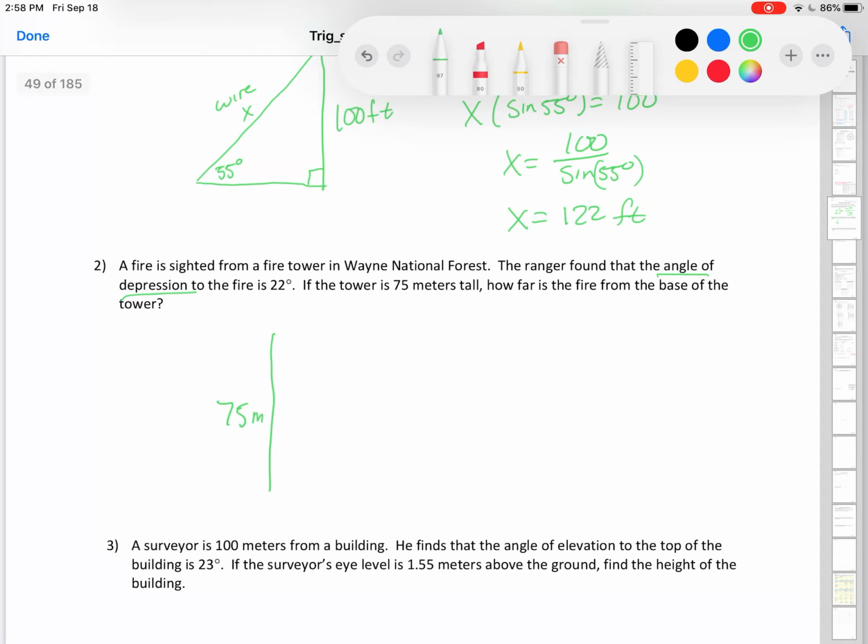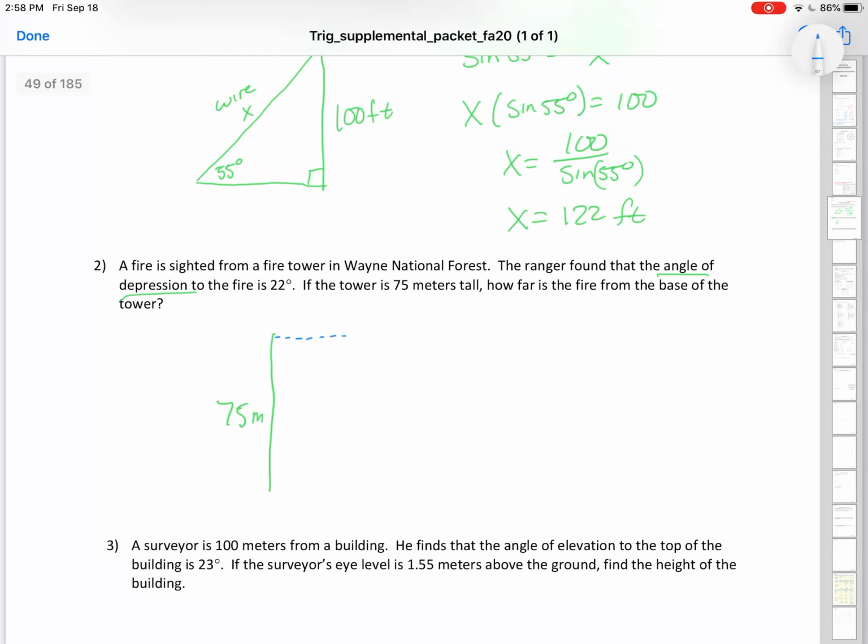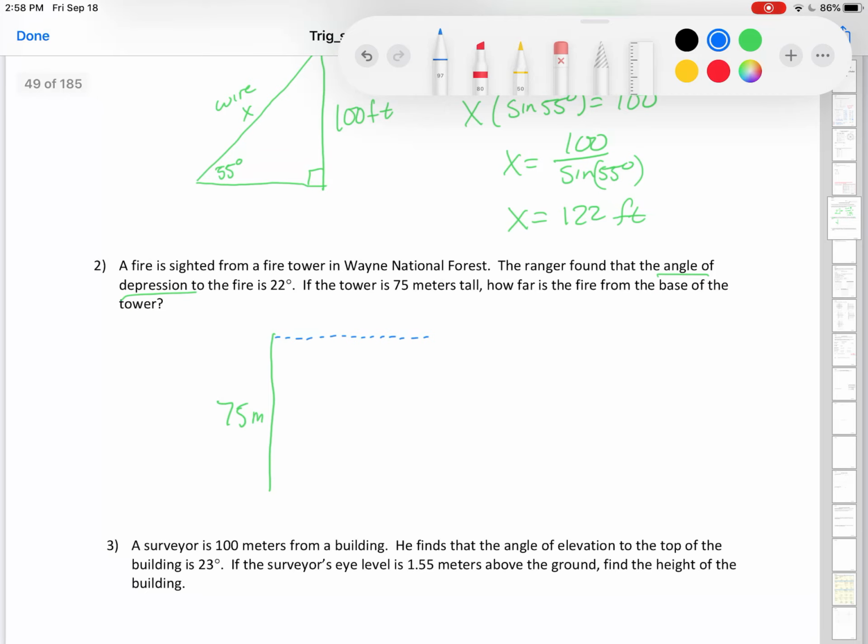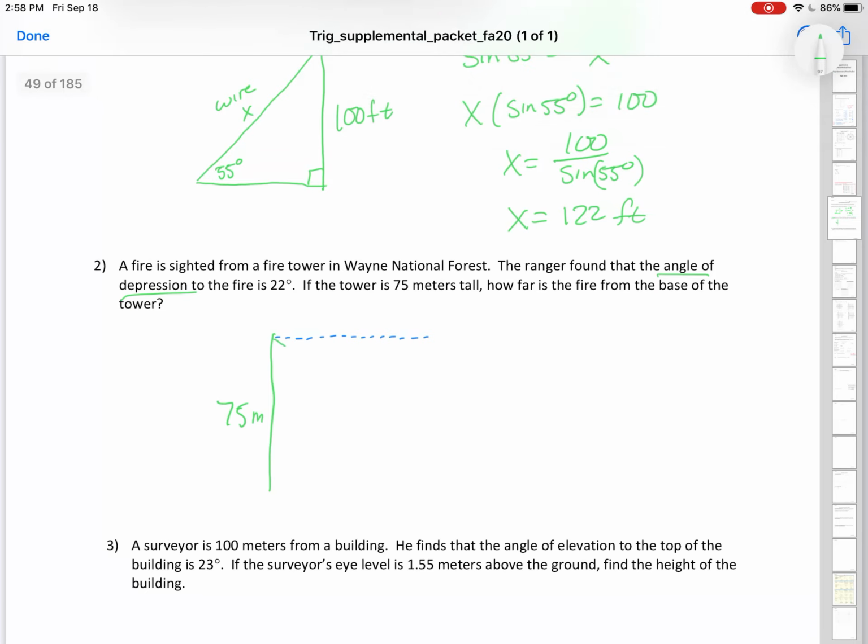Let me come in here with a different color. This blue line is a horizontal line. Angles of depression are always off of a horizontal line. And if I continue drawing what's here, I'll go back to the green since I started in green. Here is the angle. The angle of depression is 22 degrees as he looks down, and here's the fire.